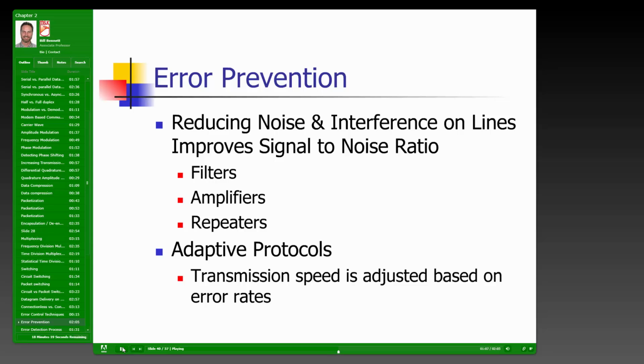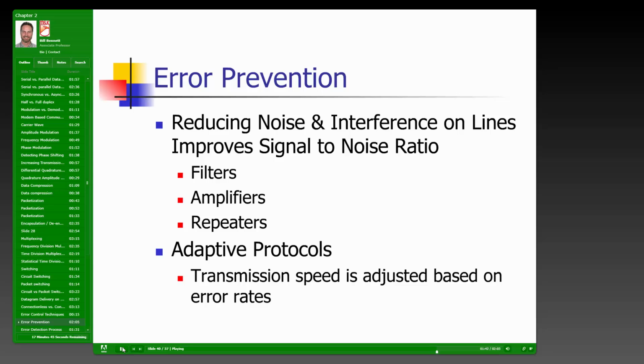We also have adaptive protocols where the transmission speed is adjusted based on the error rates. These adaptive protocols allow us to increase the transmission speed, sending more and more bits as long as there aren't any errors occurring. But as soon as errors start to occur, because it's an adaptive protocol, it recognizes that and starts to slow down the transmission a little bit, so we get back to a speed that is more conducive to the conditions that we're currently operating under.